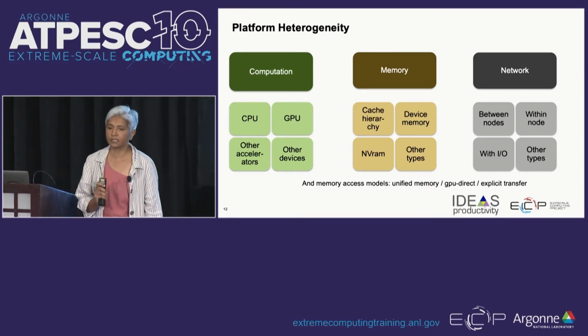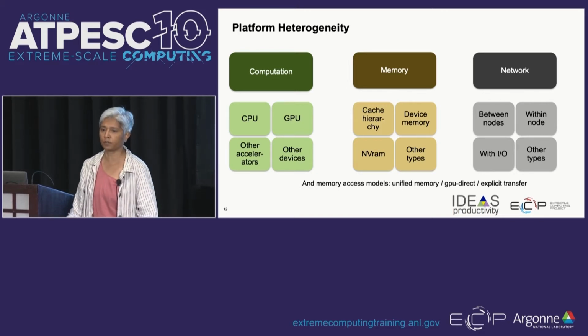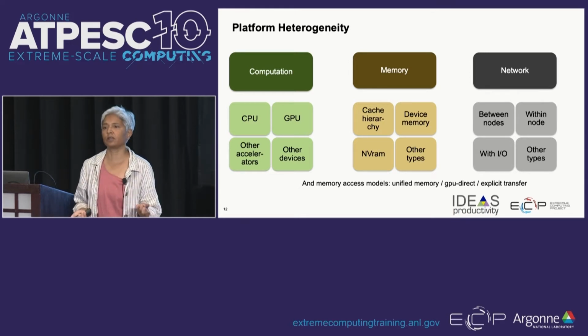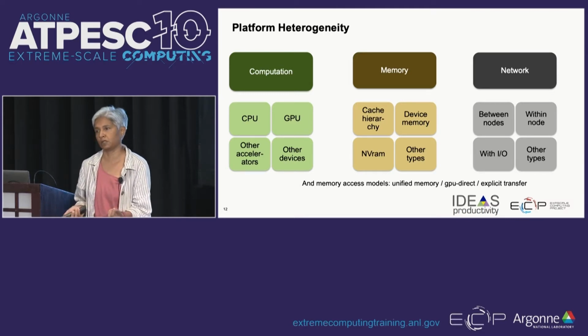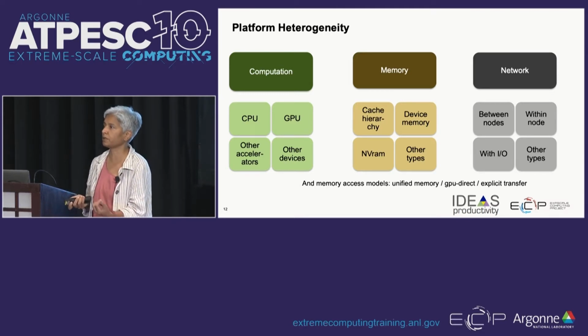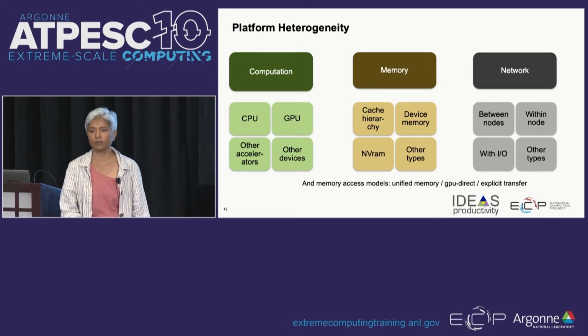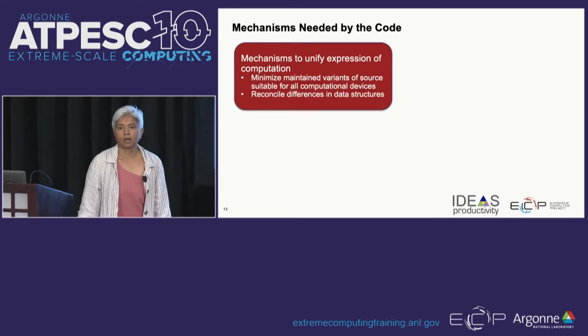Within memory access, of course, there are many different memory access models such as unified memory, GPU direct, and explicit transfer, and it is never clear that for every situation any one of them is going to be the best option. For one situation one is better, for another situation another is better, and so on. So we have to deal with all of this.